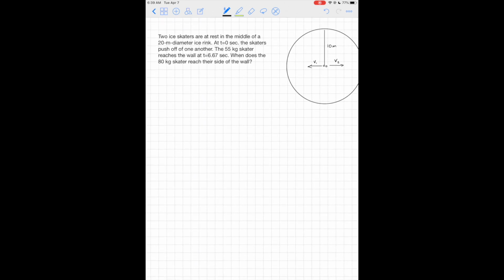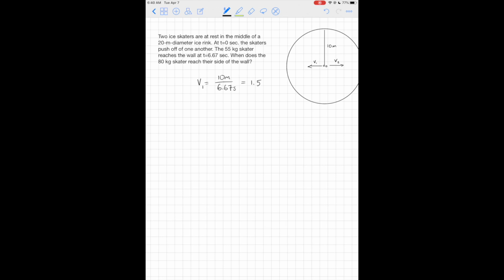So right off the bat, v1 is going to be 10 meters over 6.67 seconds. 10 divided by 6.67, we get roughly 1.5 meters per second. And that makes sense.